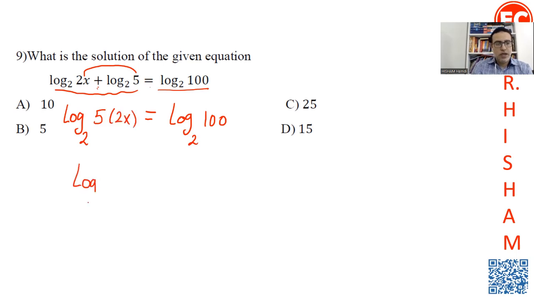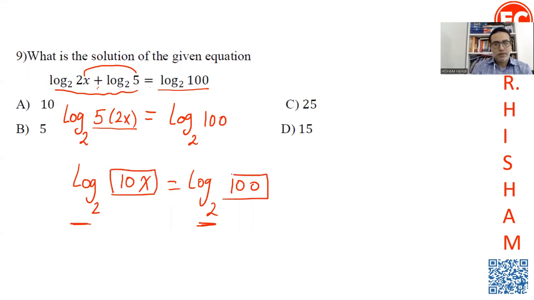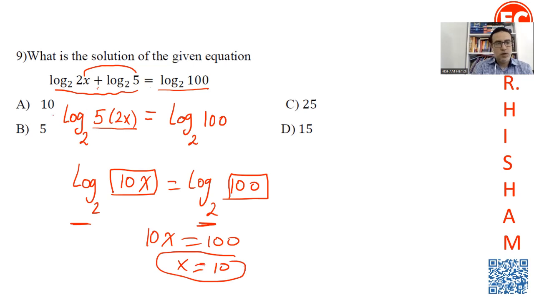So it's log 2 of 5 multiplied by x, 10x, is equal to log 2 for 100. Since I have log equal to log, the bases are equal. So 10x is equal to 100, so x is equal to 10.